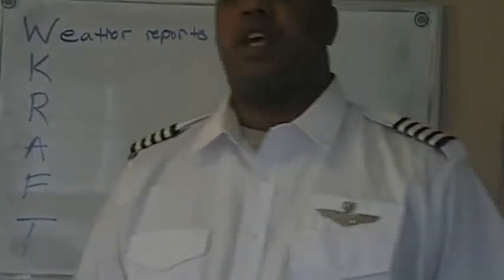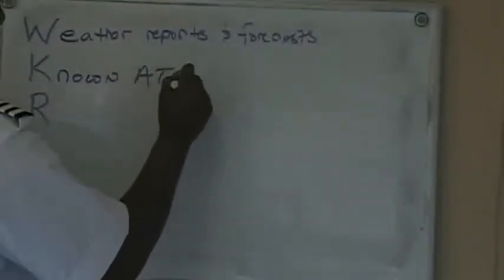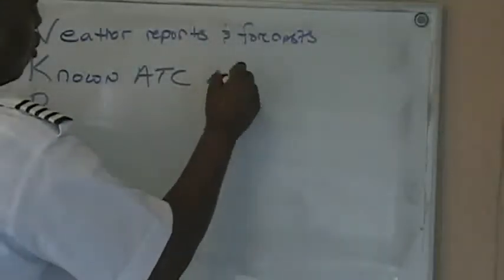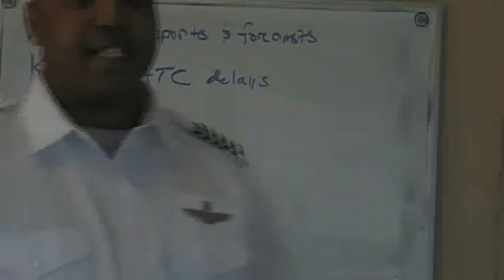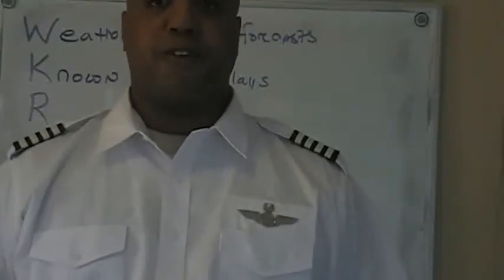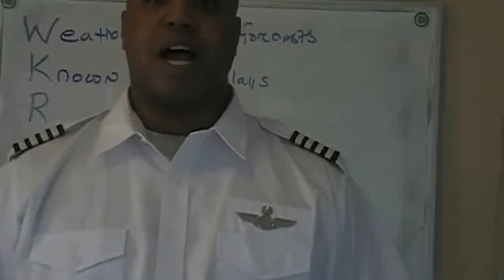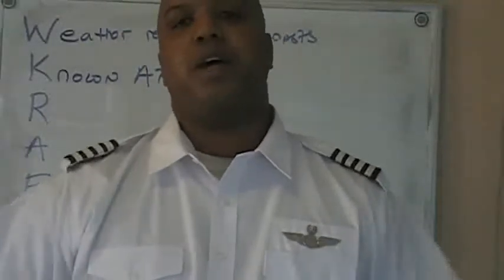Okay? The next letter we come into is known ATC delays. Very important. ATC means air traffic control. When I'm planning an instrument flight, most of the flight, I'm not even going to have visual contact with the surface of the earth. So there's a lot going on.